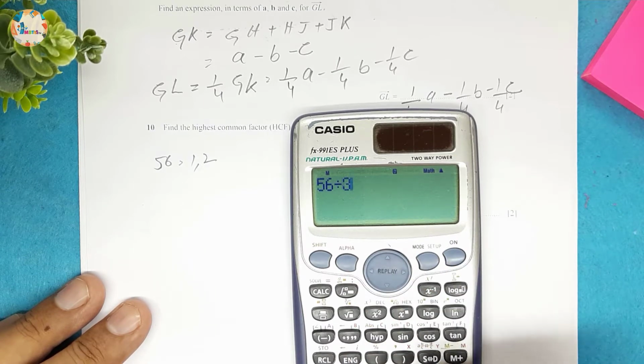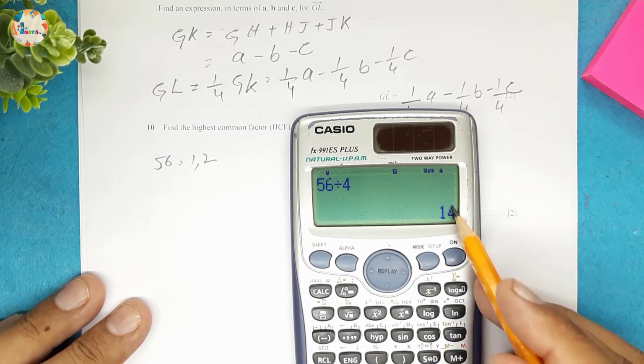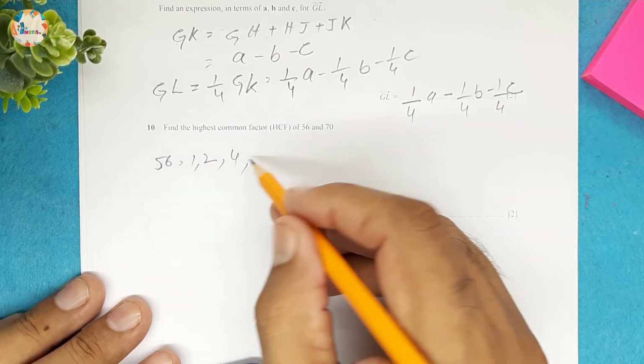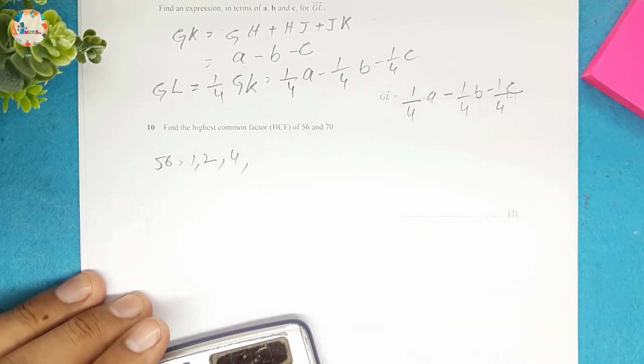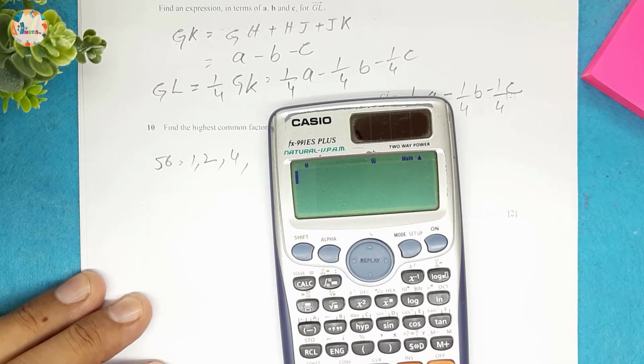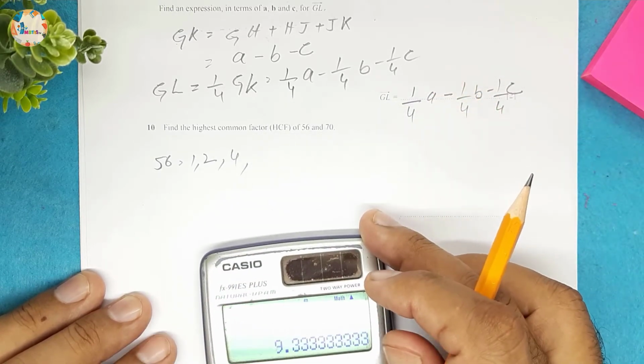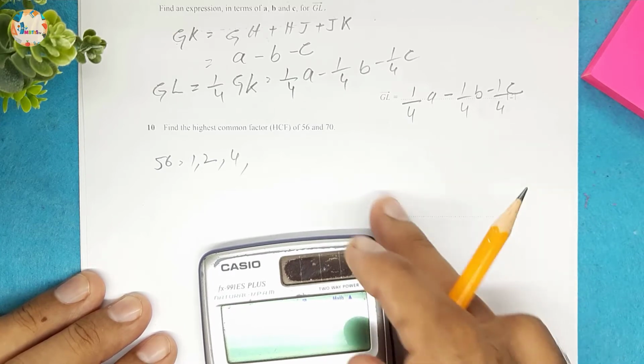To check for 4, 56 divided by 4 is equal to 14, so it is divisible by 4. 5, not. 6, 56 divided by 6 is also a decimal, so it's not divisible.